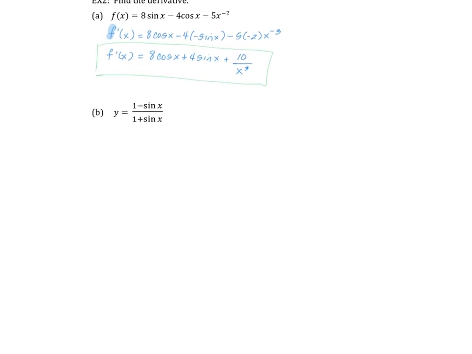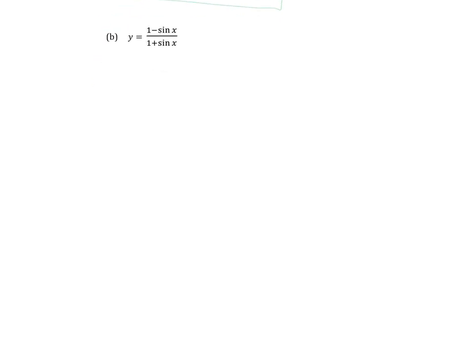All right, let's try another one. Okay, so here the derivative, I think I'm going to have to use the product rule, or the quotient rule, sorry. So we're going to have low d high, high d low. The derivative here would be the 1 plus sine of x, so that stays.